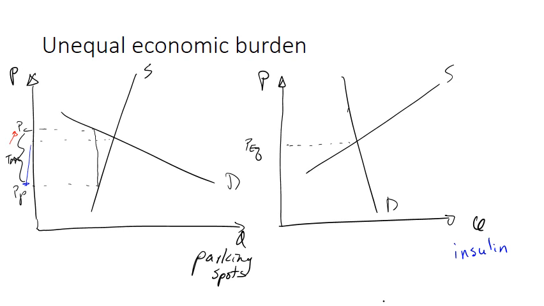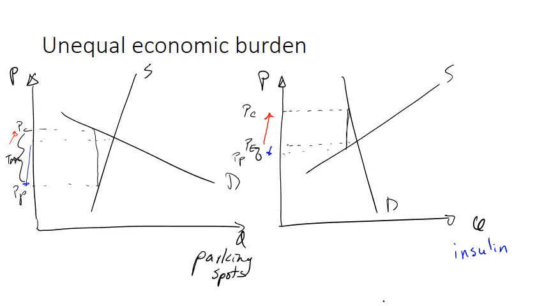So if you imposed a tax, that tax would be very unequally shared. You would have the price for the producer falling almost not at all, and you would have the price for the consumer actually skyrocketing. So here's one where you have an unequal burden that falls on the consumer.